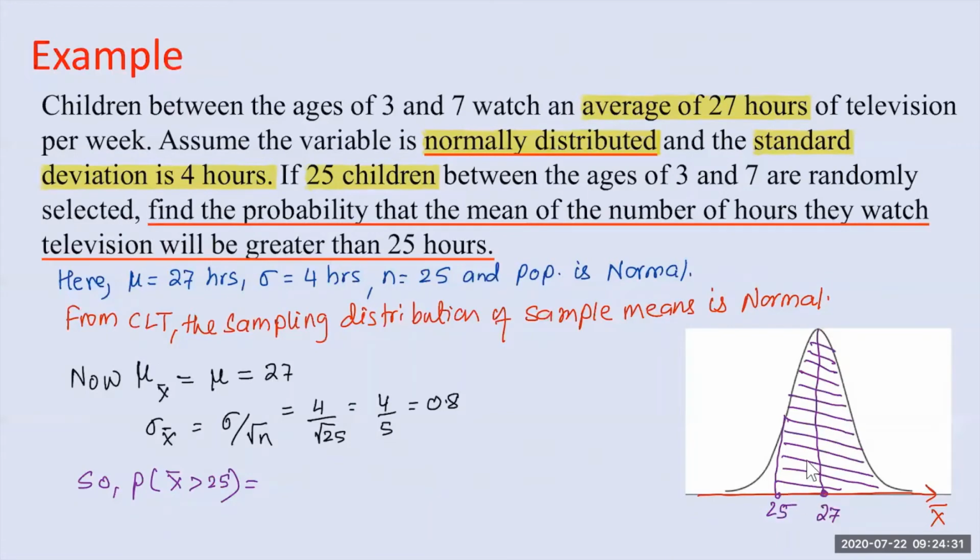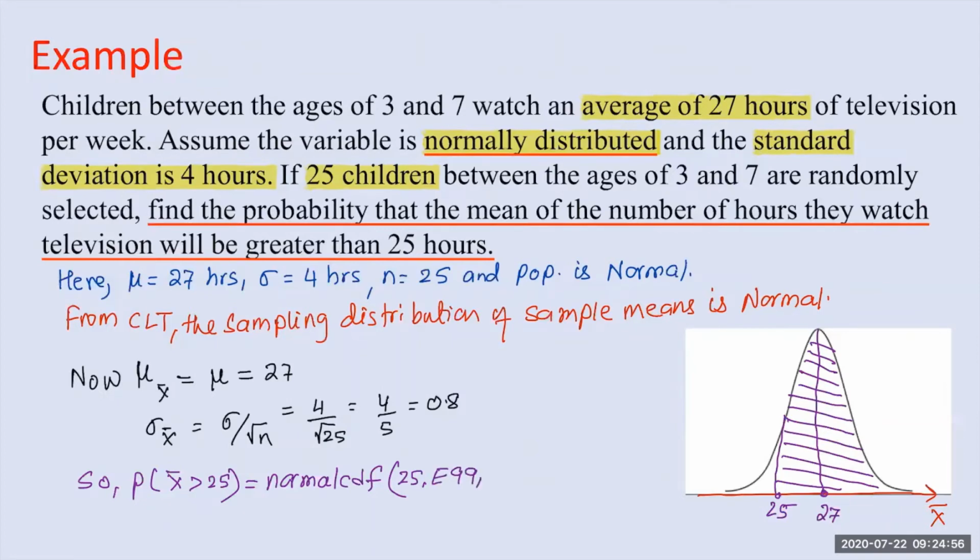In order to find the area in your calculator, you'll use normal CDF. Your lower limit for the area begins here at 25, and it extends all the way up to positive infinity, which is E99.